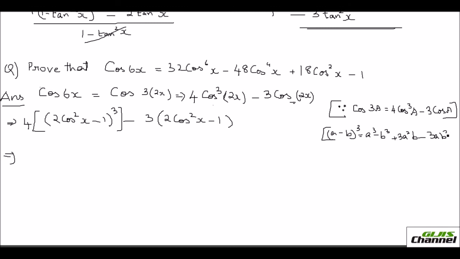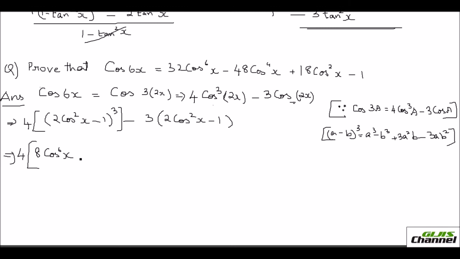So let us apply this formula here. Let the 4 be out, let's not disturb it. So here I have to write a cubed. A cube is 2 cos square x the whole cubed, so that will be 8 cos raised to 6x.